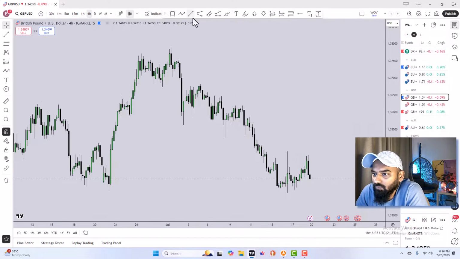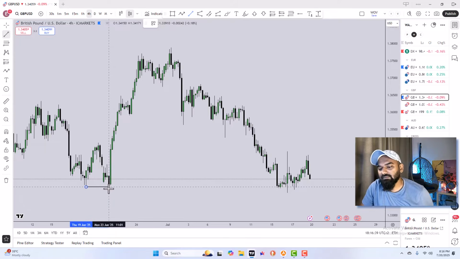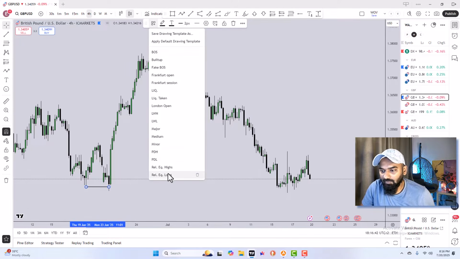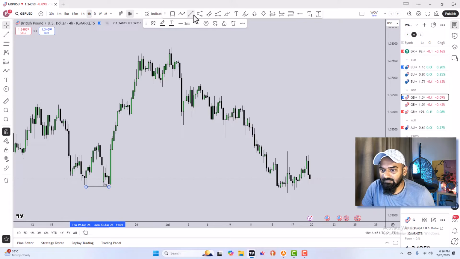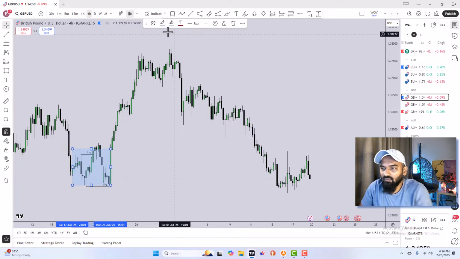Okay, on 4-hour, GBP has completed market maker sale model. It took this and this. So this was the consolidation.